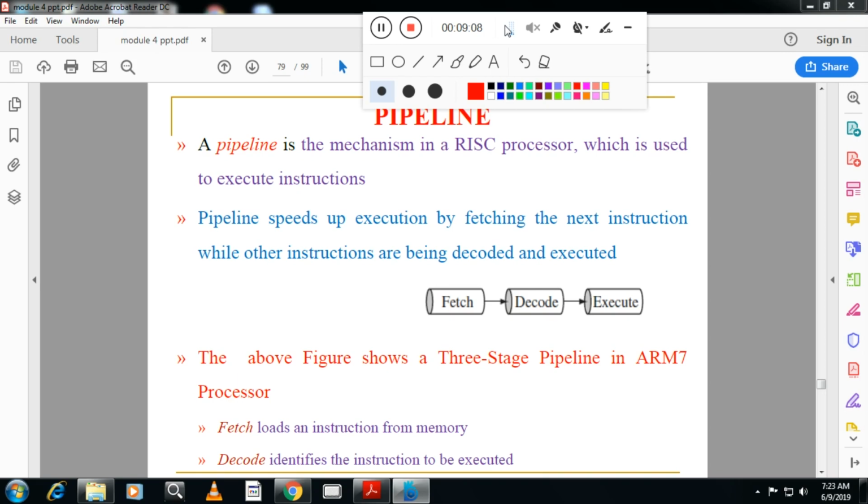But in a clear way, we can tell Intel is not making use of the pipeline properly. Why? Because suppose this is the processor MP and this is the memory.